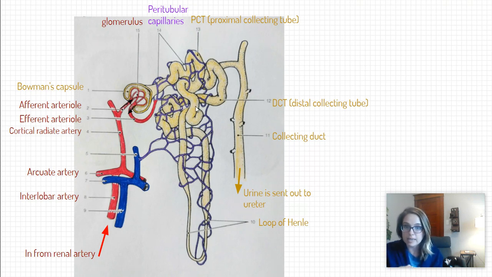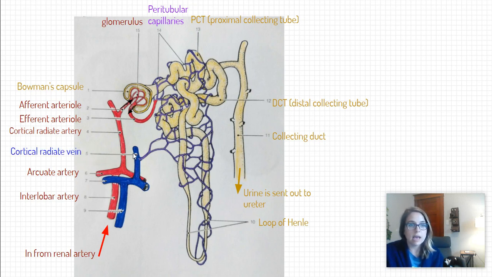But we're not done yet, okay? The blood that's been traveling through here, getting filtered, the bad stuff is heading out this way. The good stuff, we still have stuff in here we want to keep, is going to head back this way to this vein right here.